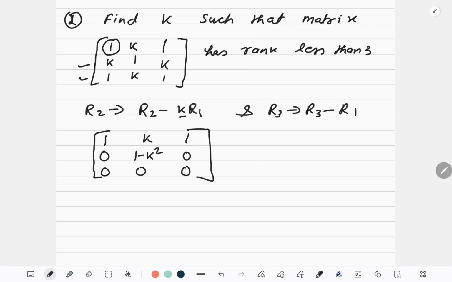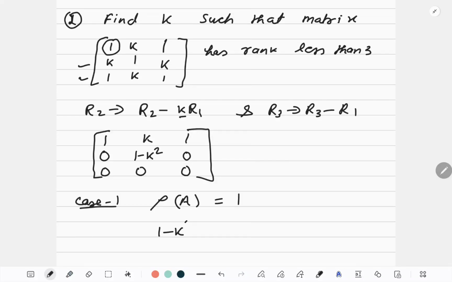Now my question is, if the question is to find k so that the rank is less than 3, I can have two cases. Case 1, when rank of A is equal to 1. So when will the rank be 1?